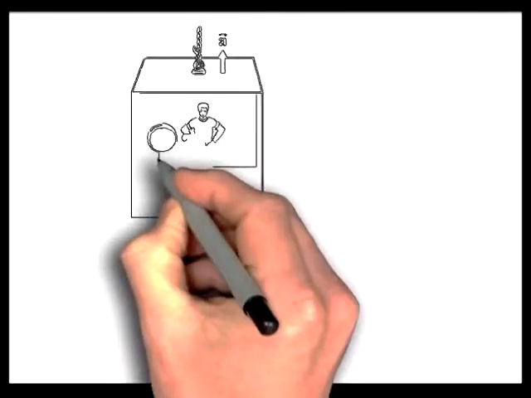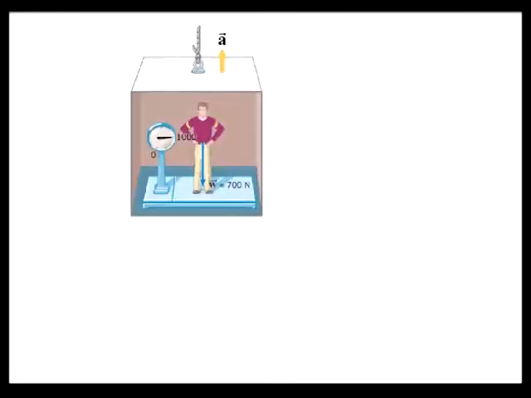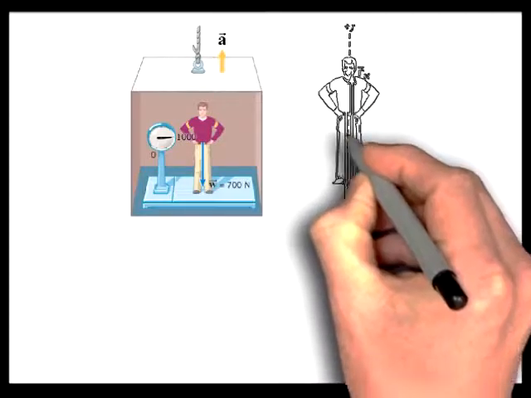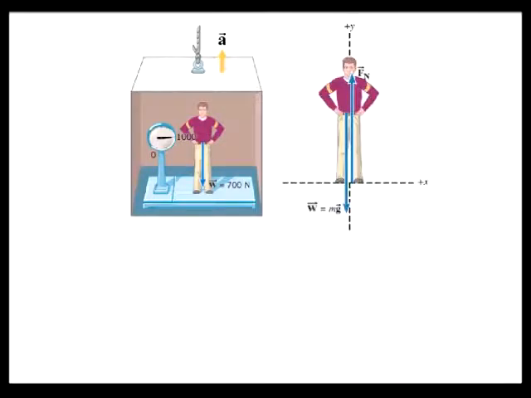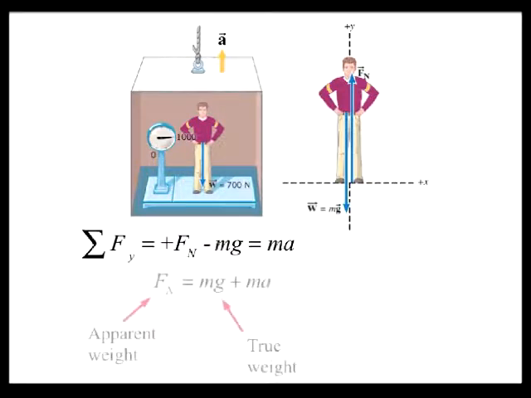We now analyze the apparent weight problem using Newton's second law for the case of the elevator accelerating upward. The true weight, that measured on the scale when the elevator is not accelerating, is equal to m times g. In reference to the free body diagram, the sum of the forces in the y direction is equal to Fn minus mg, which is equal to m times a. This means that Fn is equal to mg plus ma, or the apparent weight equals the true weight plus the mass times the acceleration.